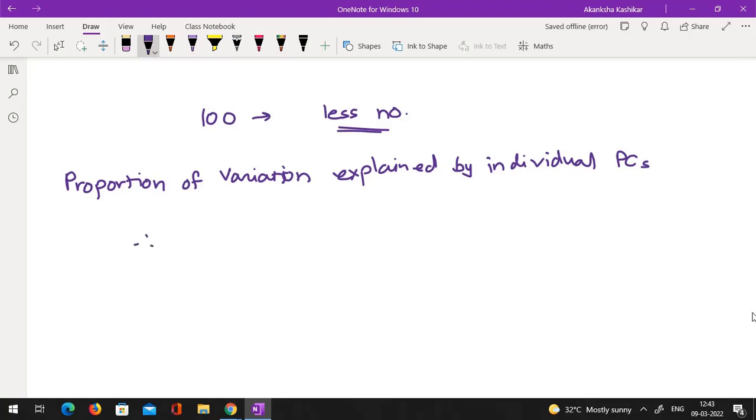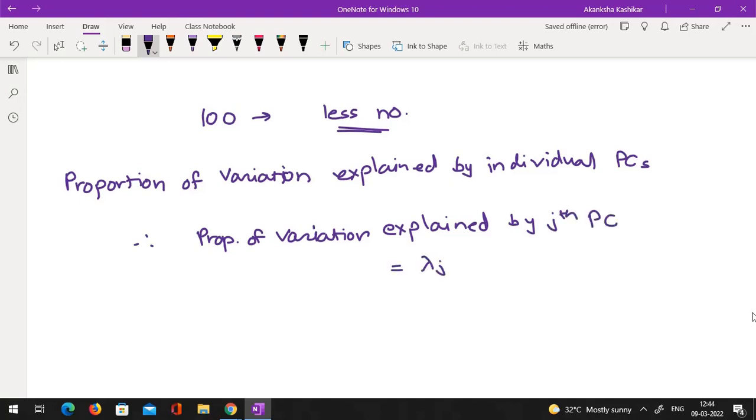Therefore, the proportion of variation explained by the jth PC is lambda j upon the sum over i going from 1 to p of lambda i. That is, lambda j upon the total variation. And of course, if you want a percentage, you can multiply this number by 100.